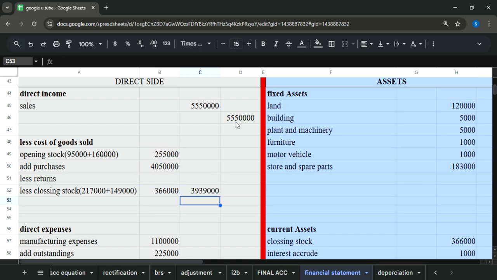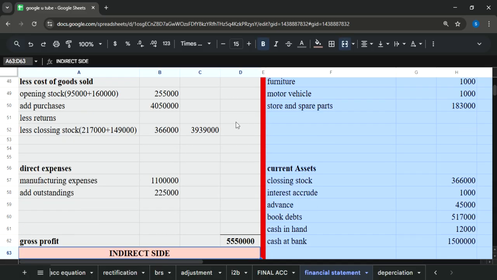So we have got the final amount of the cost of goods sold statement. Then we have manufacturing and its outstanding on the direct expense side. It means we are now ready to calculate the total cost of goods sold amount.